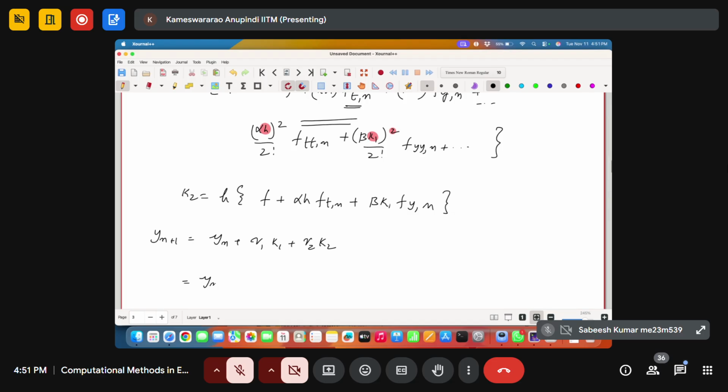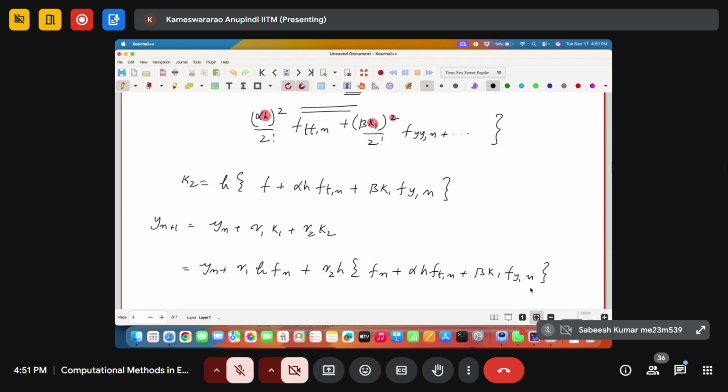That's going to give me Yn plus gamma 1 times K1, which is h times f of t and yn, so f of n, plus gamma 2 times K2, which is f_n plus alpha h f_t n plus beta K1 f_y n. Okay, that's what I have.